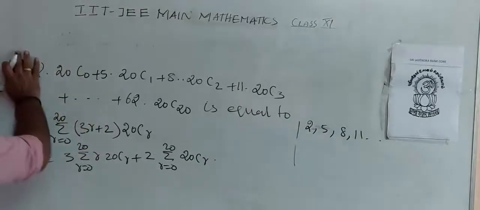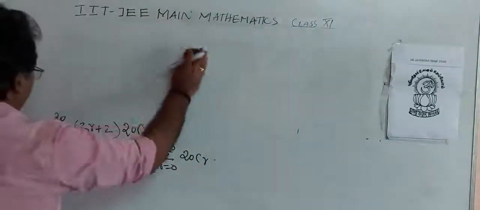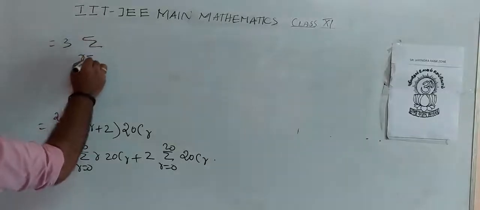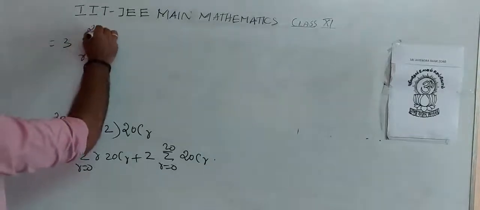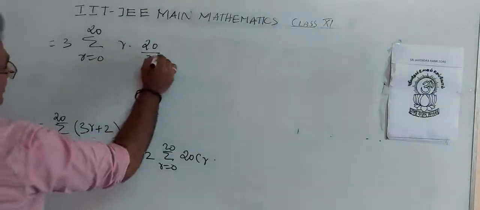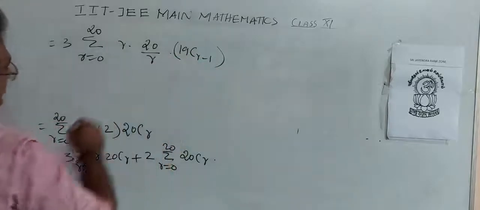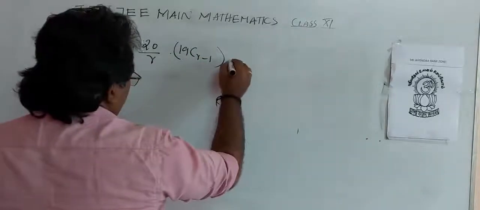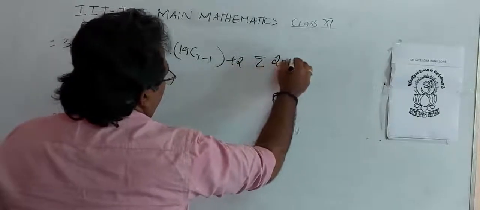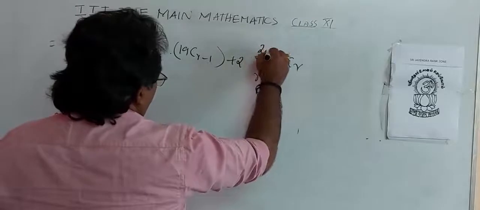So 3 into the summation R equal to 0 to 20 of R into 20 by R into 19C(R minus 1), plus 2 into the sum of 20CR, R equal to 0 to 20.